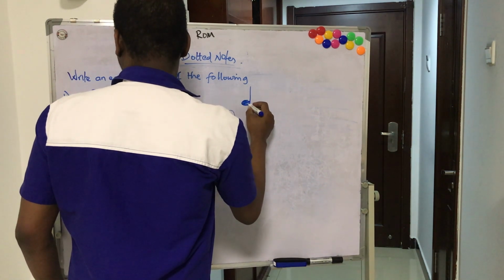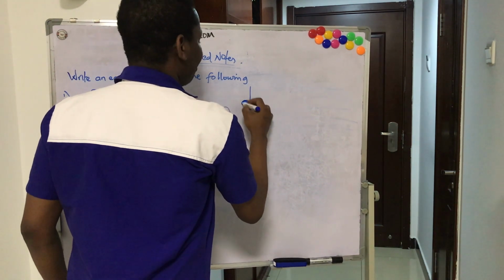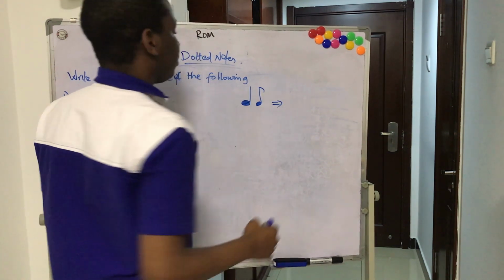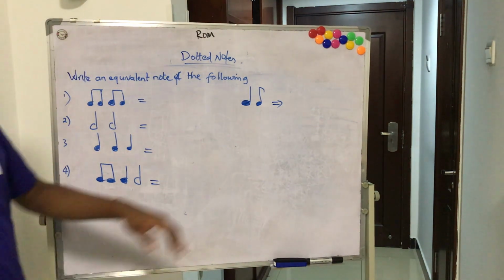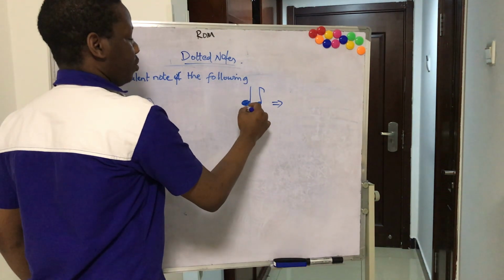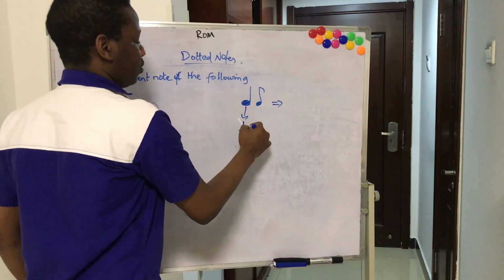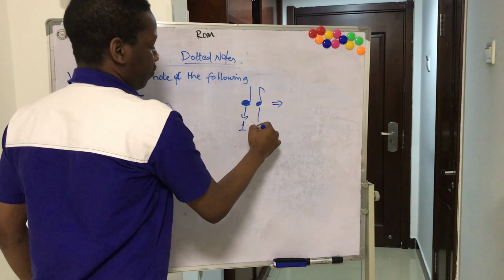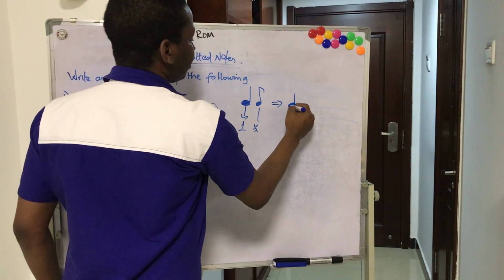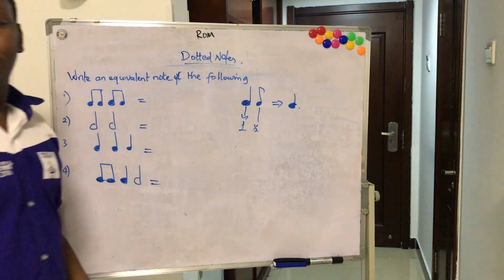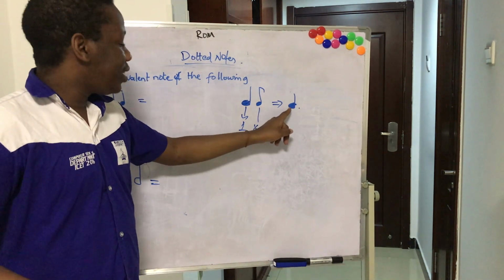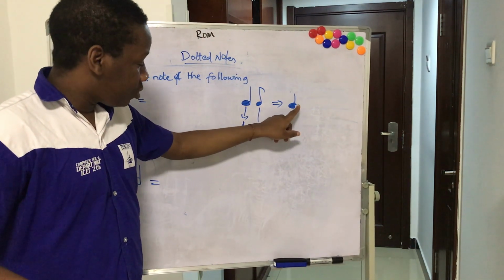This is a crotchet. How many beats? 1 beat, and half. That's 1.5. The answer is dotted crotchet, because a dotted crotchet adds half the original beats of the note to the note.